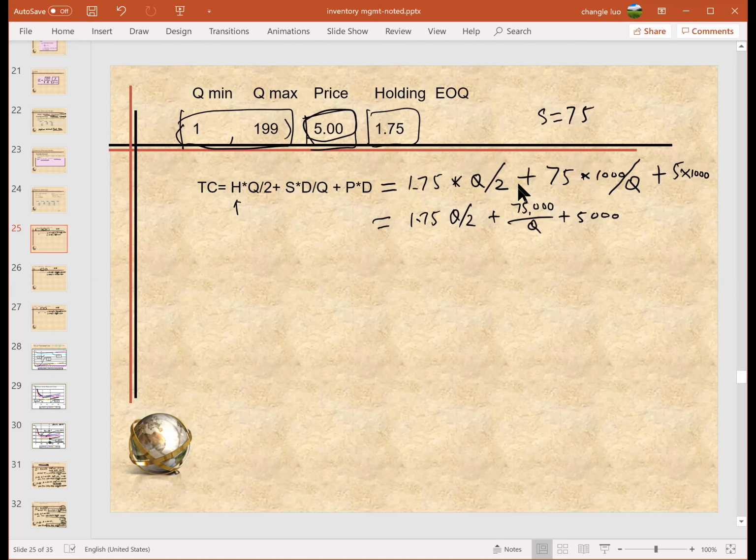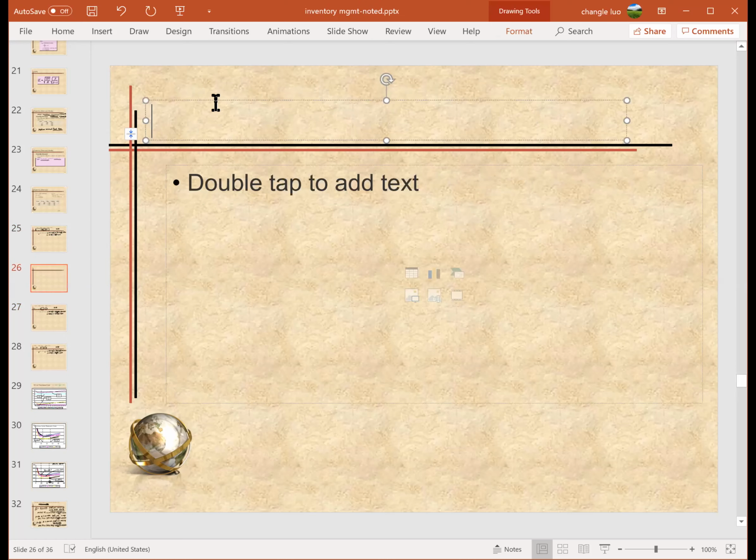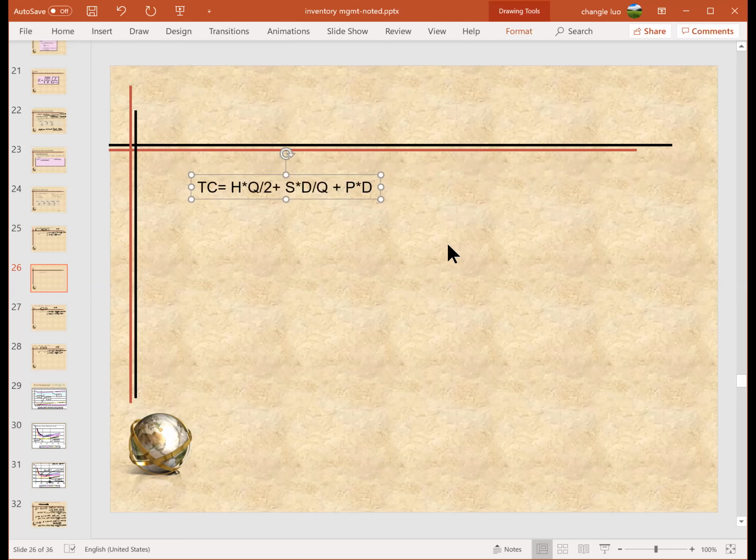Now, I'm going to have a separate slide to work out the minimization of this for you. So the total cost here is H times Q divided by 2 plus S times D divided by Q plus P times D. Now we're going to remember our conditions to achieve minimal TC.